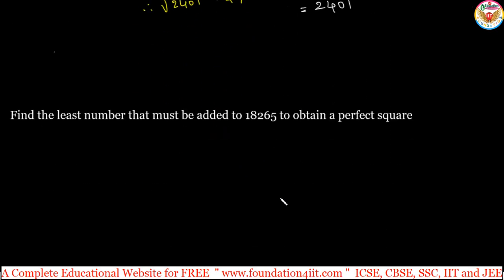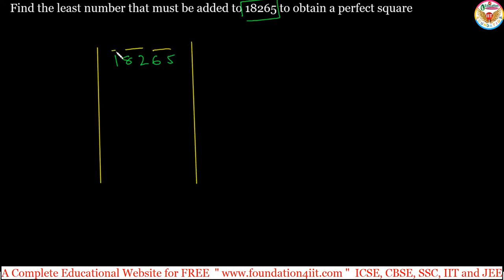Next question you see is the problem. In this question, find the least number that must be added to this. So what number, if you add to this, will make it a perfect square? So the division method will apply. Let me take this question, 818265. As per the division method, let us continue. For the last two, and this is 1, right? So 1 times 1 is 1, subtract 0, next set is 82.